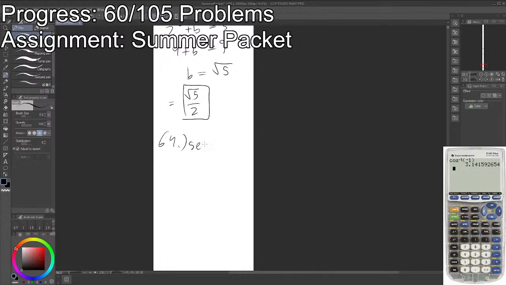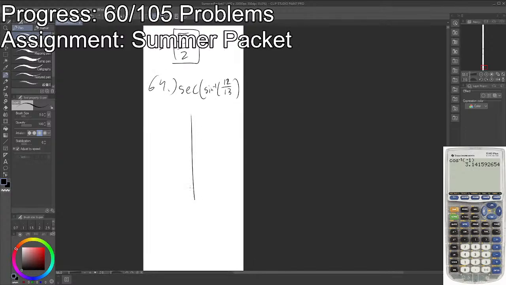Next one, sec sine inverse 12 over 13. Okay, that's gonna be quadrant 1. Opposite, hypotenuse.